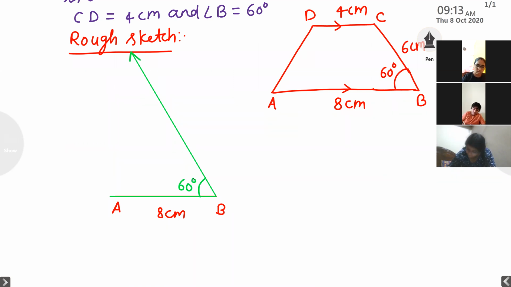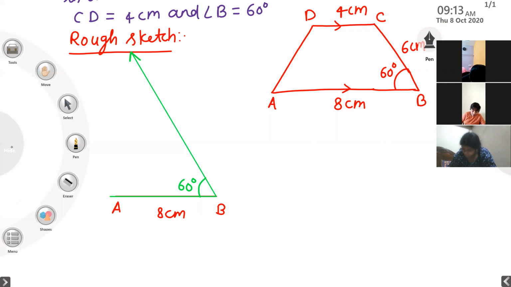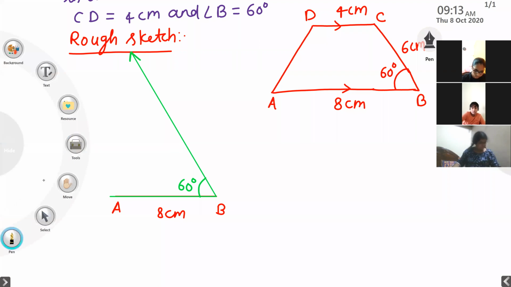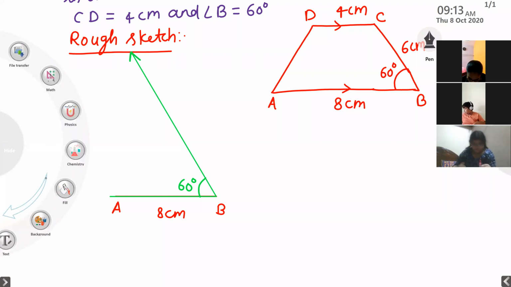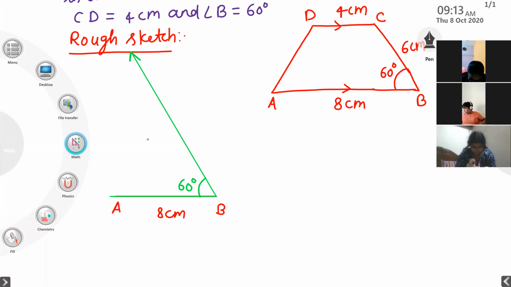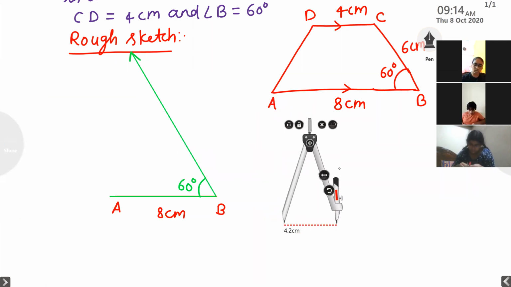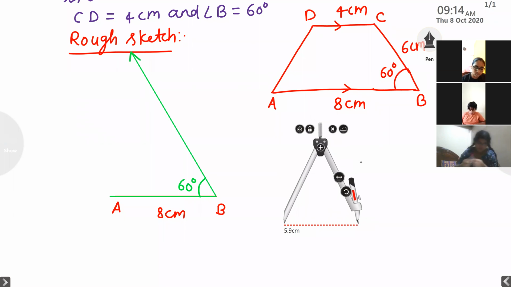After that, again take B as a center, draw an arc of radius 6 centimeter because BC length they have given 6 centimeter. With the help of compass, I want to take 6 centimeter arc.